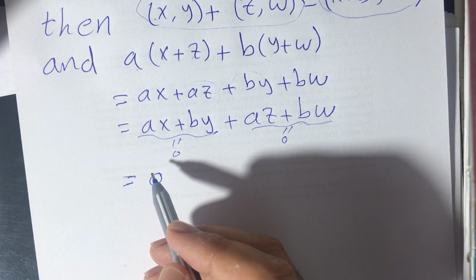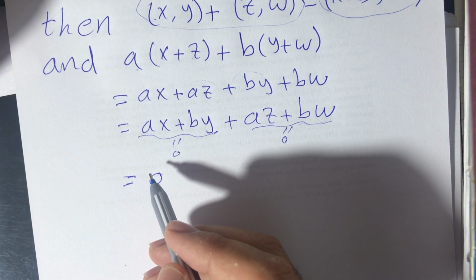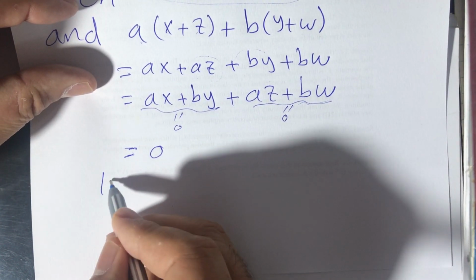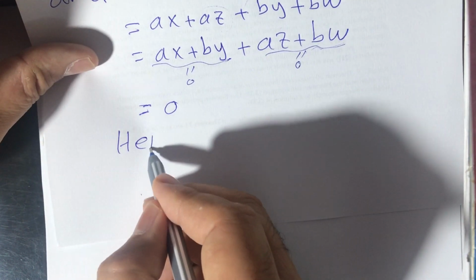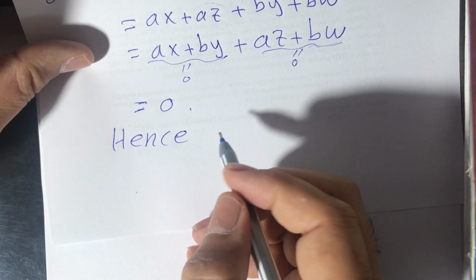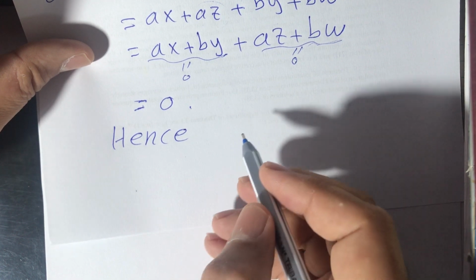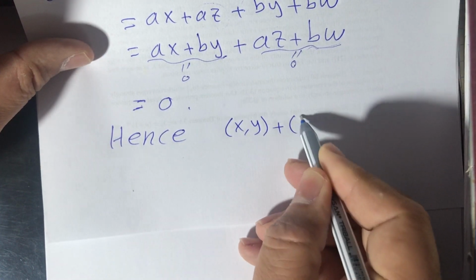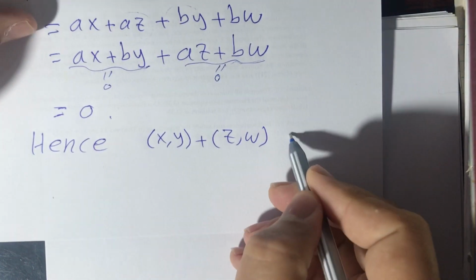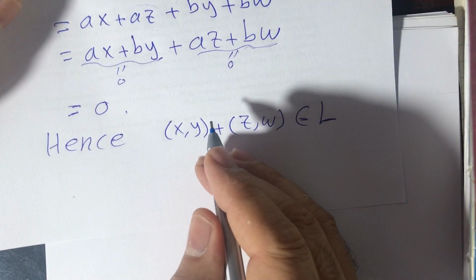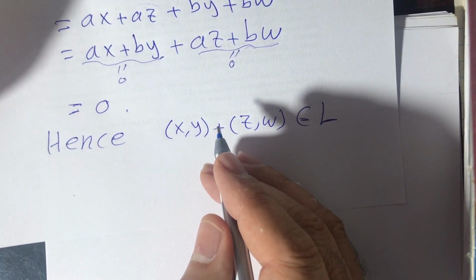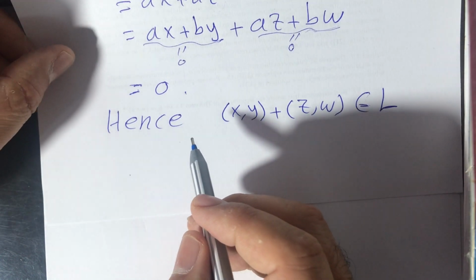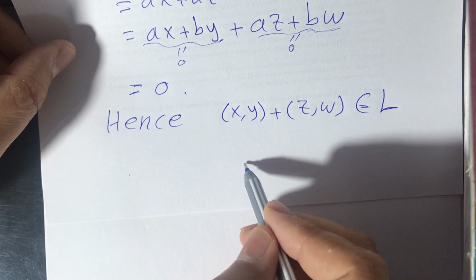So that's all. And hence (x, y) plus (z, w) belongs to L. This is A9. This is page number 3.